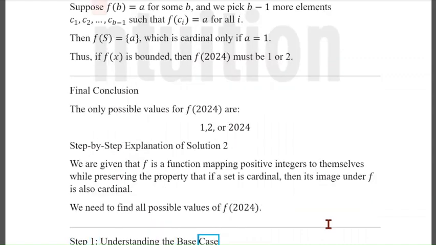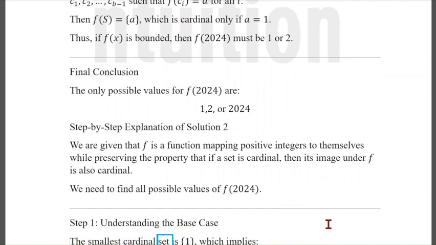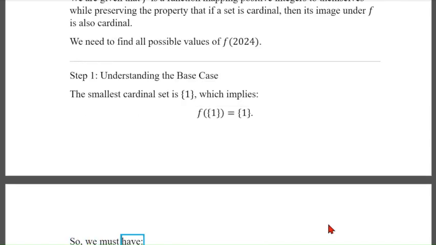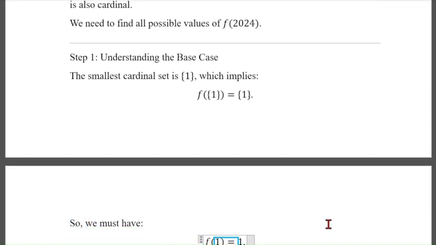Understanding the base case. The smallest cardinal set is {1}, which implies f({1}) = {1}. So we must have f(1) = 1.